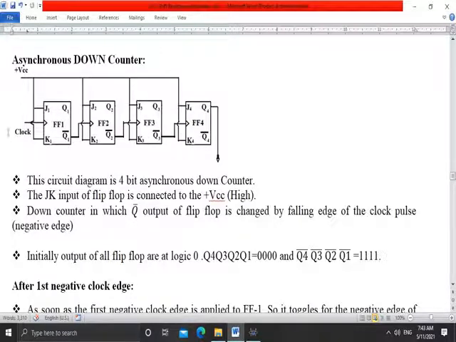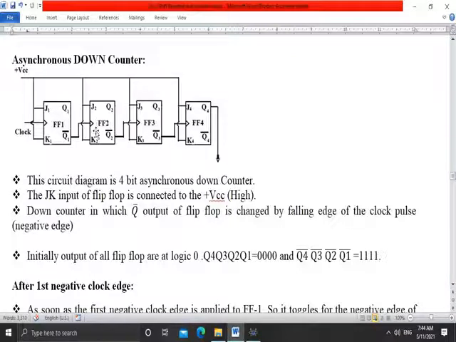So when you apply the next clock input, flip-flop 1 receives J and K and it receives the clock, so it toggles again. Toggle means change the state. So Q1 is 1, and it changes to 0, and Q1 bar is 0, so it changes from 0 to 1. 0 to 1 is a positive change.